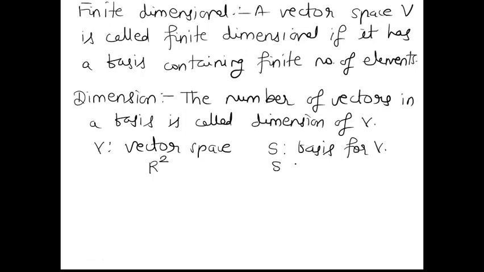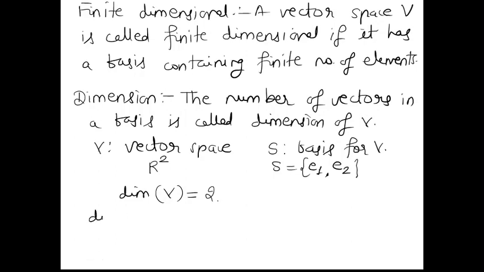The basis is the set containing e1, e2. This we know, it's the standard basis. So what is the dimension of V? The dimension of V is the number of vectors in a basis. So here we have 2 vectors. That's why the dimension of V will be 2.